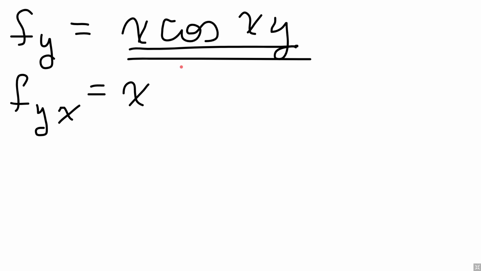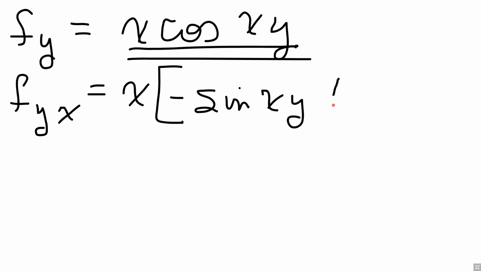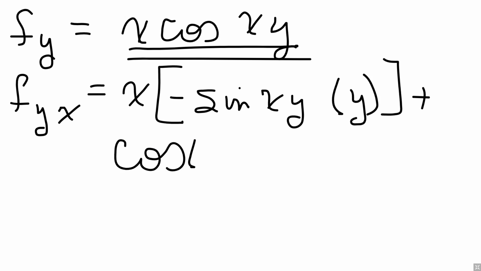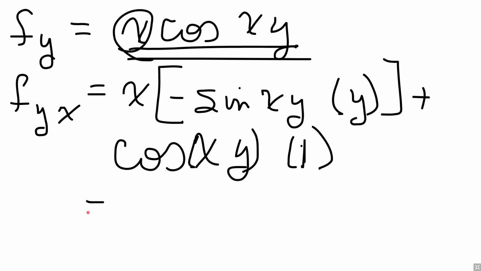First times the derivative of the second, which is negative sine of xy, times the derivative of the angle with respect to x, which is y, plus the second times the derivative of the first, the derivative of x with respect to x, which is just 1.